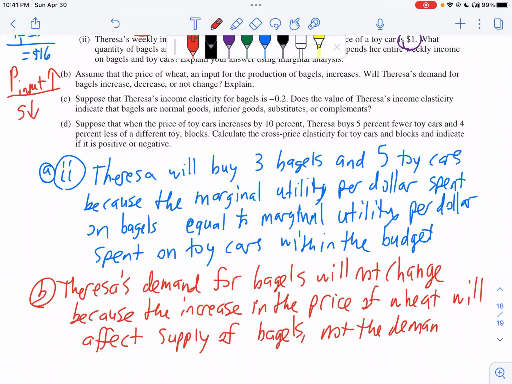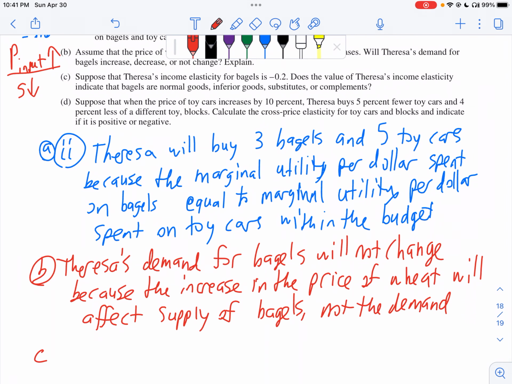Okay? That's all you're going to put for B. Because the price of the input changed supply, not demand. Part C.